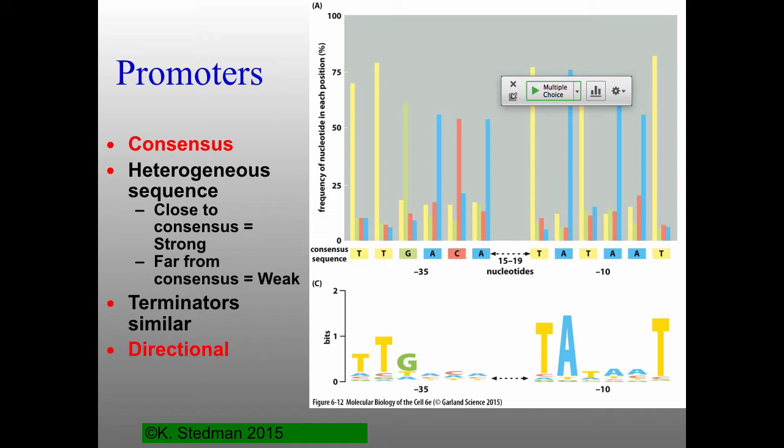If, however, you have a sequence here and on the other strand, sequences at minus 10 and minus 35, you'll be transcribing the other strand. These are going to be completely different sequences because they're just complementary to each other. So you're going to end up with very different sequences, very different proteins in the actual process.